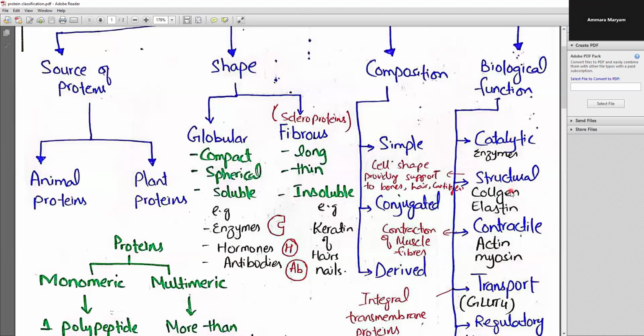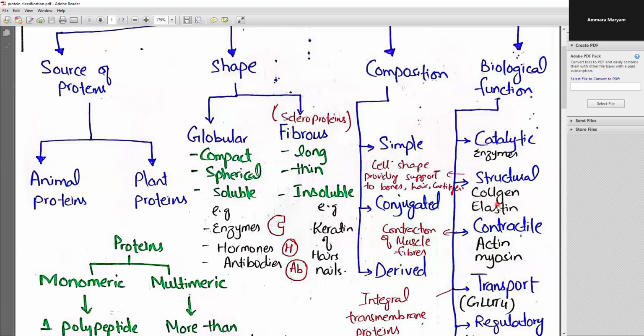And next is the structural proteins. Structural proteins are those proteins which help in the maintenance of the structure of various tissues. Here we have examples like collagen, elastin and keratin as well.